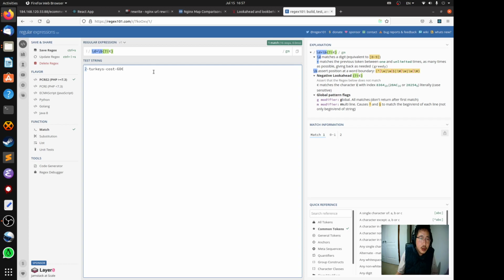Word boundary needs some explanation. I hope I can explain it to you clearly. A word character is equal to lowercase letters, uppercase letters, digits, and the underscore.